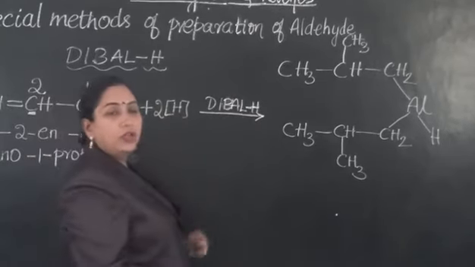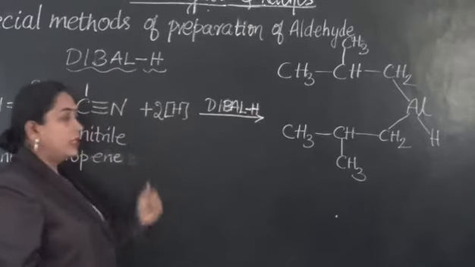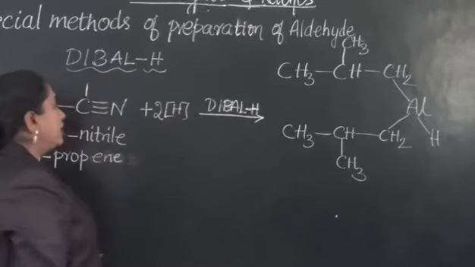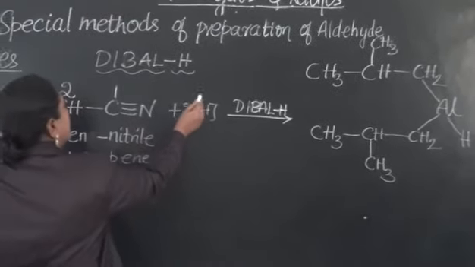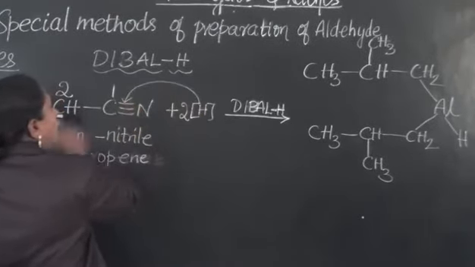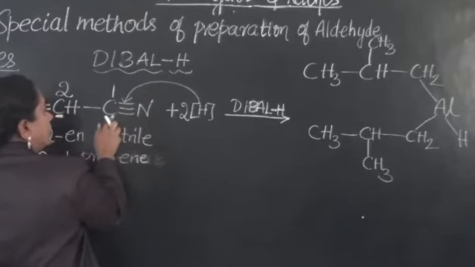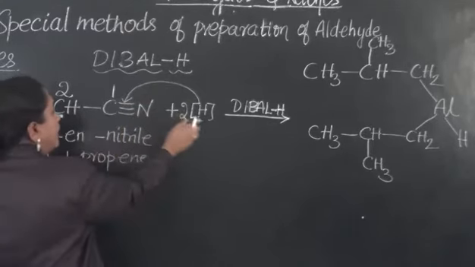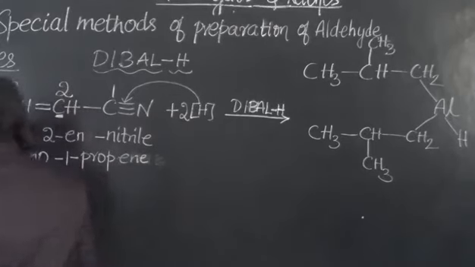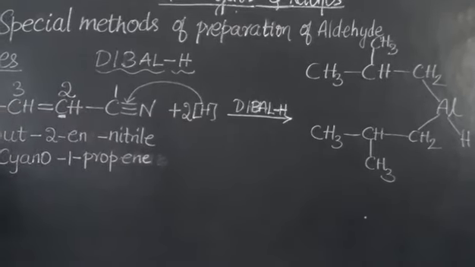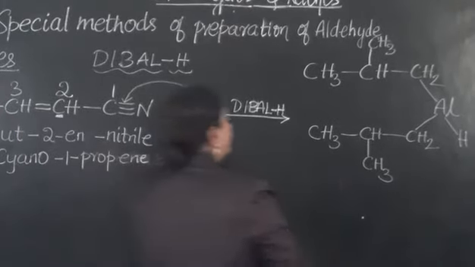Hydrides have hydrogen in them, so they release that nascent hydrogen. Now what happens? This nascent hydrogen acts in place of the triple bond. One hydrogen adds to the carbon atom, another hydrogen adds to the nitrogen atom. So we end up in the formation of the corresponding imine first.